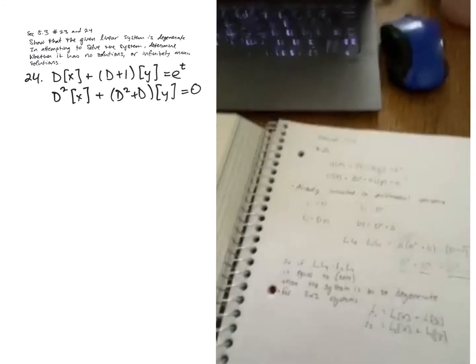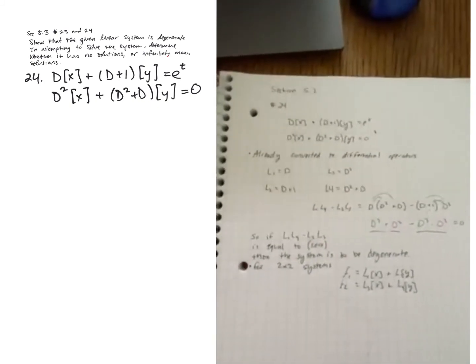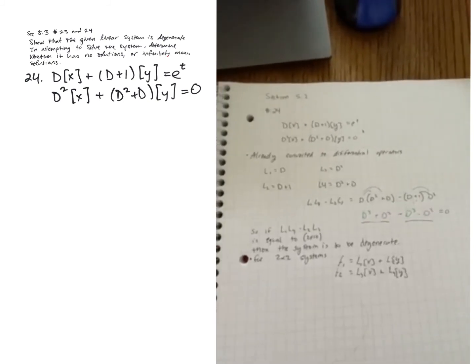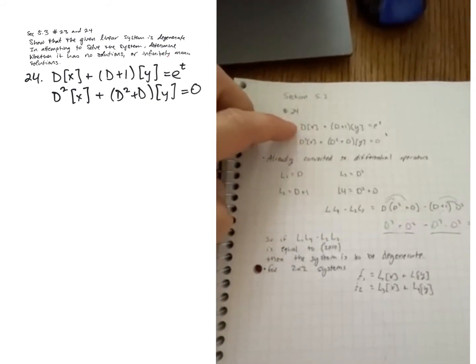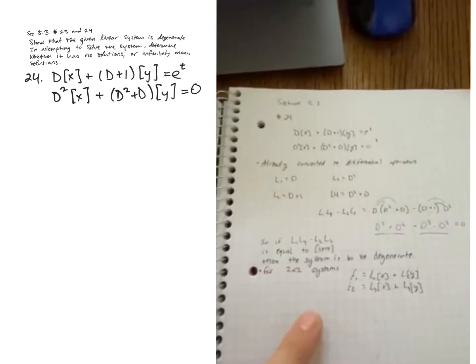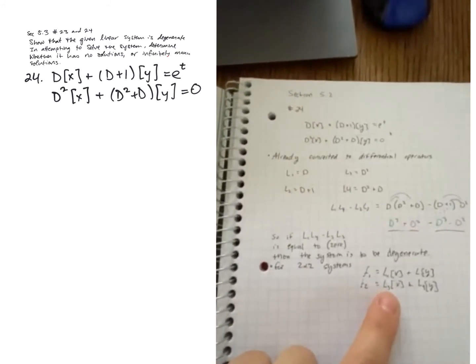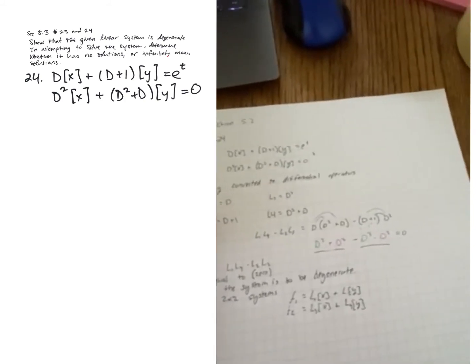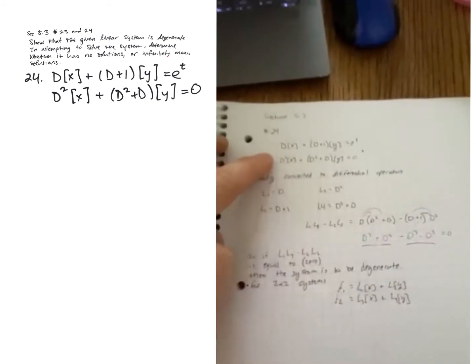So I'll be going over number 24 out of section 5.2 for elimination methods for operators. Here it's already in operator form. So for the 2x2 systems, I use this equation. And then for the polynomials, I set L1 through L4 based off the equation.